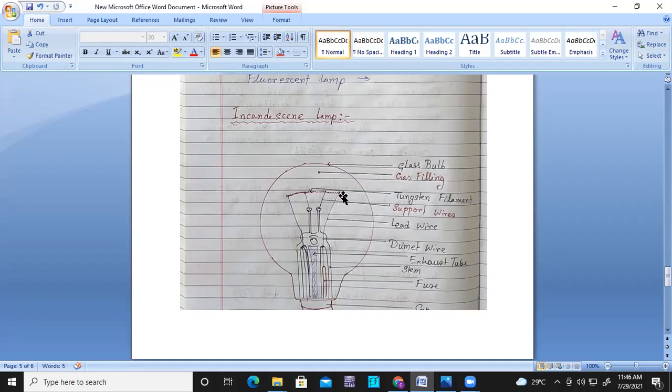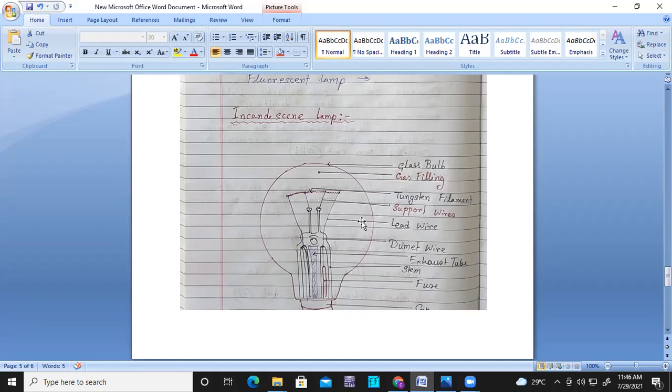But today it is found that the LED lamp is much more energy efficient, so we are replacing them with LED lamps. But till now it is very much used in practice because the cost is very low and the durability is high. One bulb can run in normal conditions for 1 to 2 years.